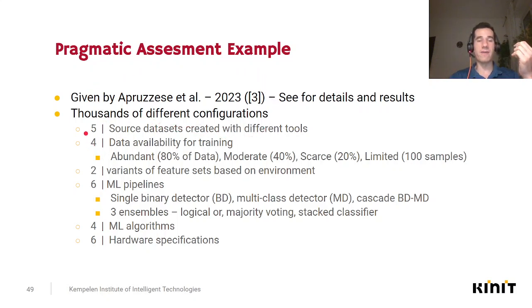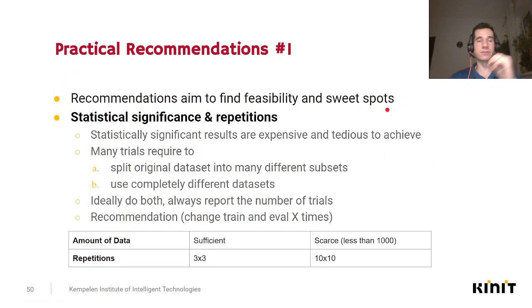As you can see, 5 data sets, 4 data availability settings, so only 100 samples for training per class as an example, 2 variants of feature set, six different machine learning pipelines, binary, multi-class, some cascading, ensembles, and so on, 4 different algorithms, and 6 different hardware. So this gives us thousands of different configurations.